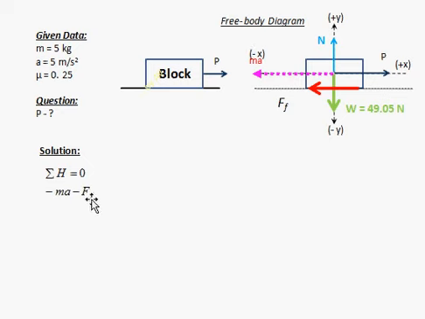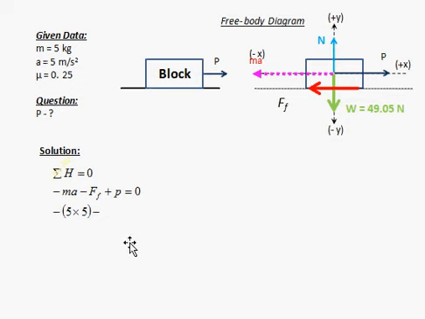Minus Ff, that is the frictional force, is also towards the left hand side, that is minus of the horizontal coordinate system, plus P. Since it is moving towards the plus x, that is the positive direction of the horizontal coordinate system, I am taking the positive sign for P. So these three are the forces acting in the horizontal direction, and we can equate it to 0. And next, mass we have 5 and acceleration we have 5, so minus 5 into 5.